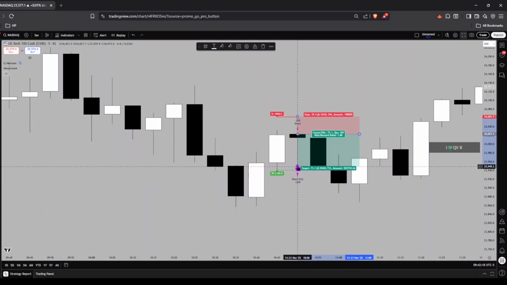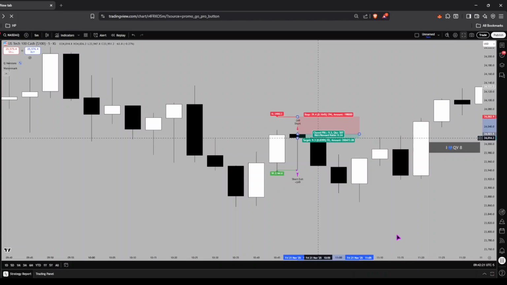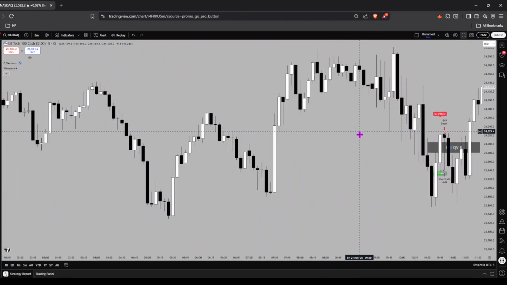Stop loss at a line, take profit at the 5-minute close. 0.24 R. Okay, move on.